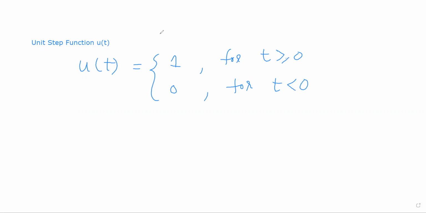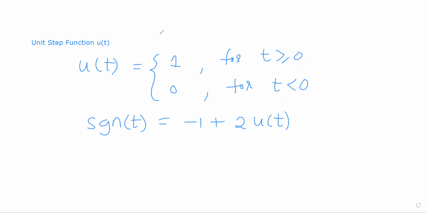There is one relationship between the unit step function and the signum function. We can write the signum function that we defined before as minus 1 plus 2 times u of t.